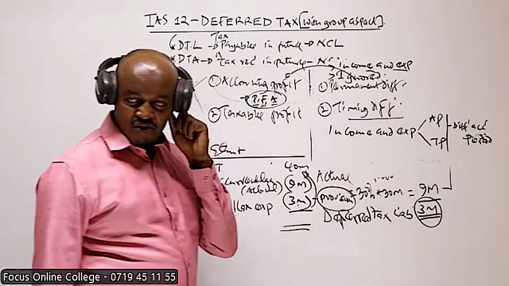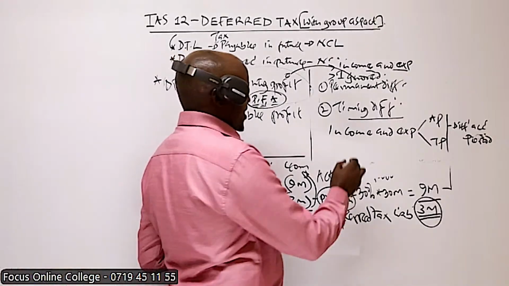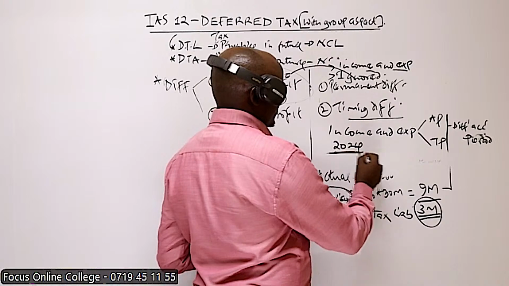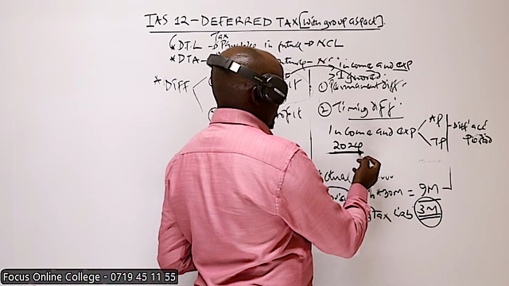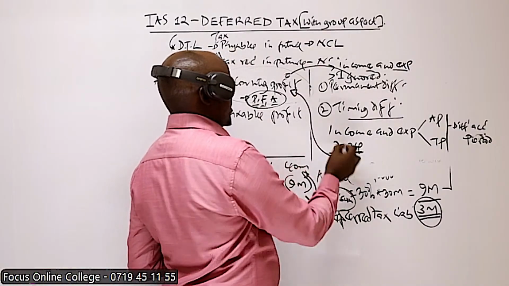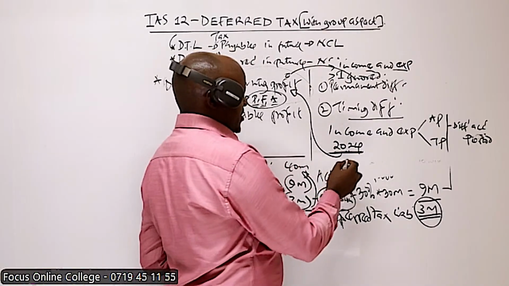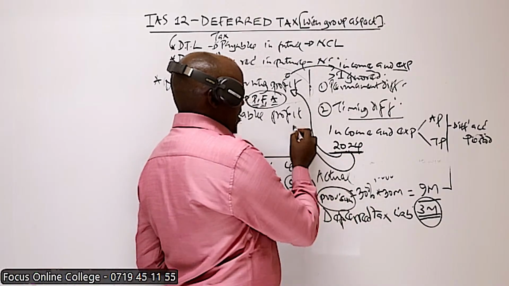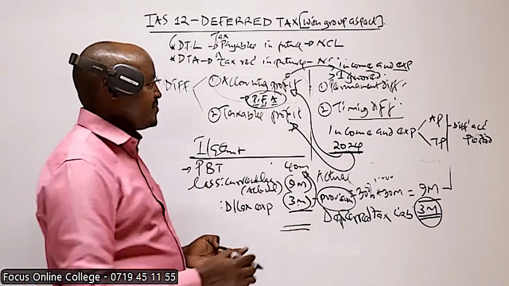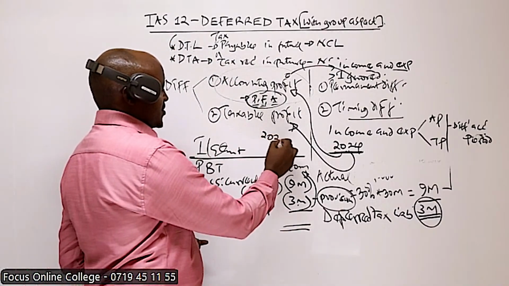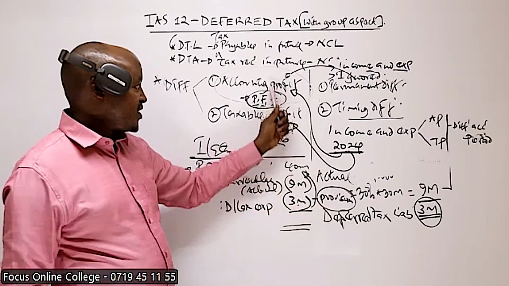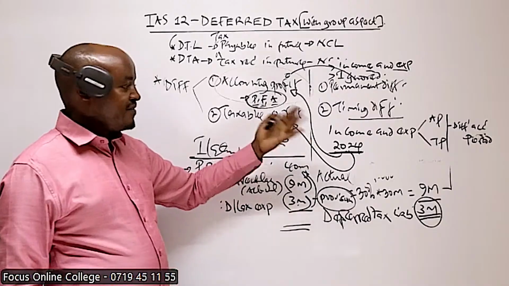For example, you may be told that a company incurred a certain expense in the year 2024, and this expense will be used in the computation of accounting profit during the year 2024. But this expense will only be treated as an allowable expense maybe in the year 2026.